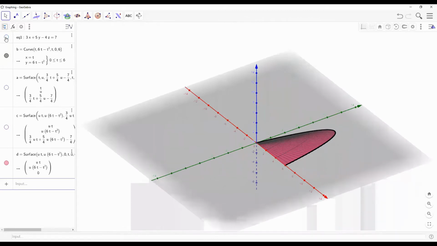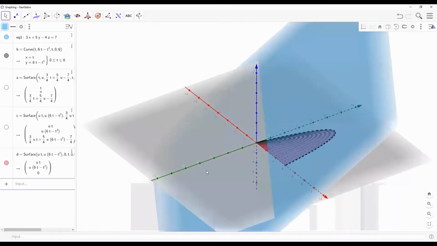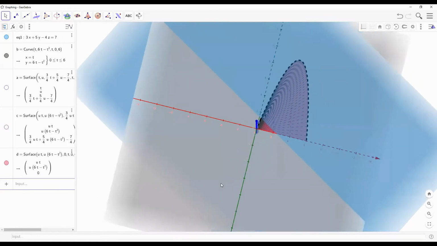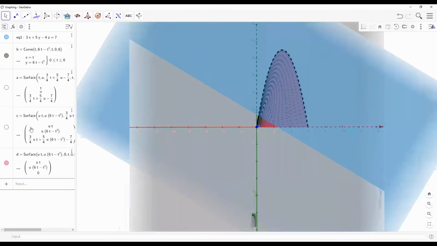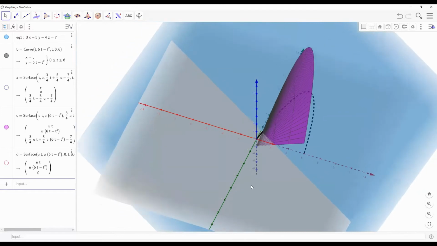So let's take a look at the plane one more time. Right? That's our region. Okay, so let's have a look. Right, so there's our region. But then this is the piece that's actually on the plane.